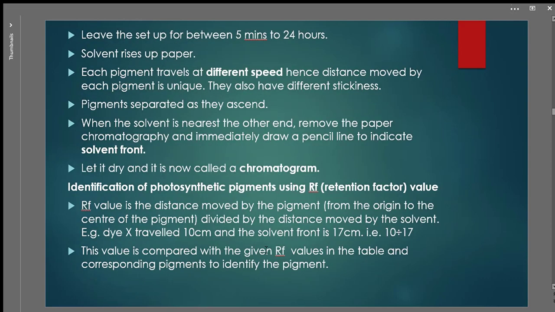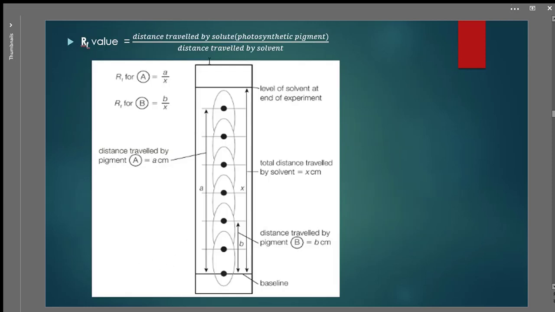When you dip this filter paper inside the boiling tube, let's say at this point along this line, just below the baseline, that is where the petroleum ether is going to reach.